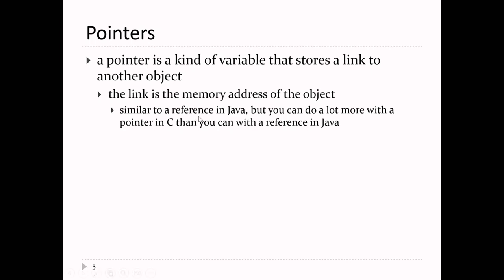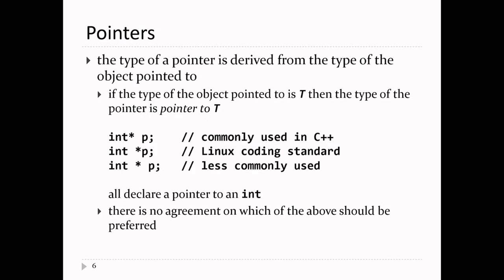Now that's similar to what a reference is in Java. But unlike references, you can do a lot more with a pointer in C than you can do with a reference in Java. So remember, a pointer stores the address of an object. How do you make a pointer in C? The syntax is a bit odd, and it's inconsistent.